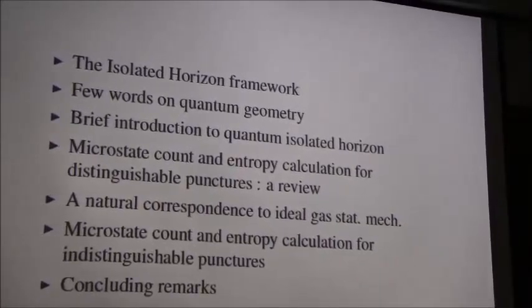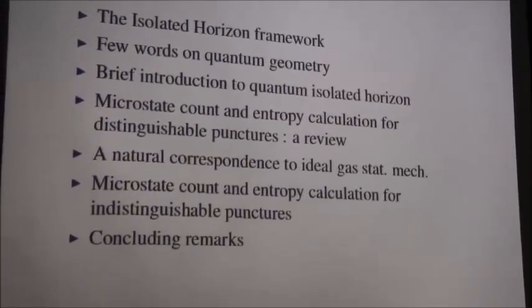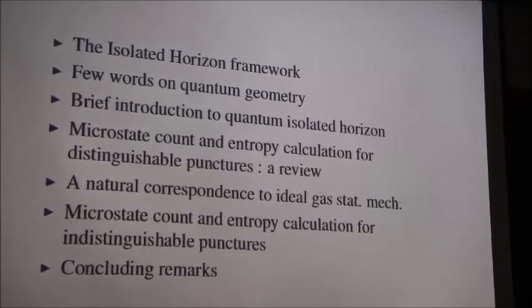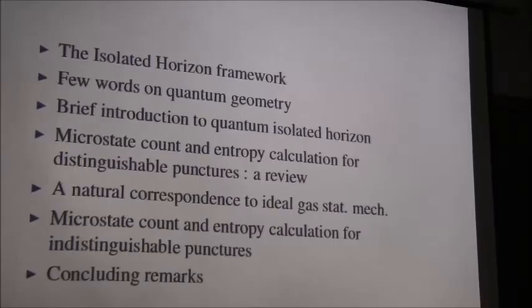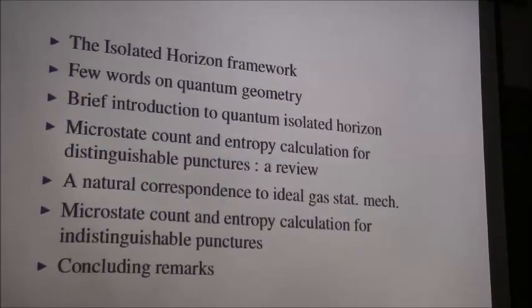Okay. So here is the outline of the talk. At first I will introduce the isolated horizon framework very briefly, and then where these punctures come from. I will say a few words about the quantum geometry, that is, how the spatial geometry is described in loop quantum gravity, and then introduce, very pictorially, the basic structures of this quantum isolated horizon.